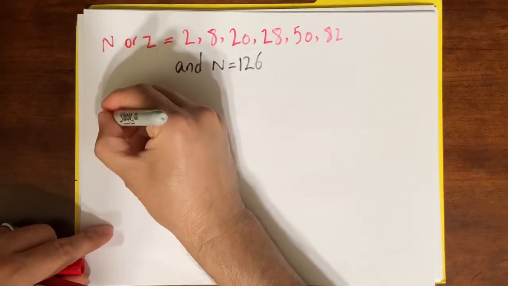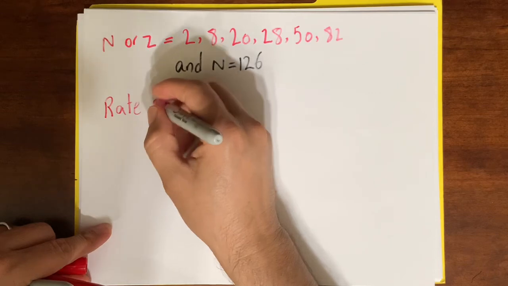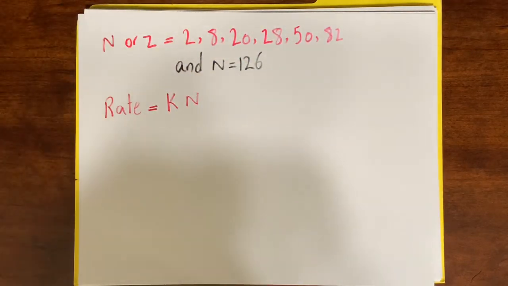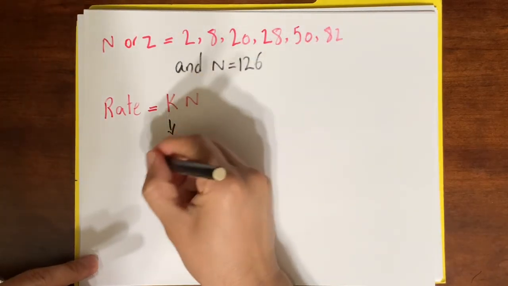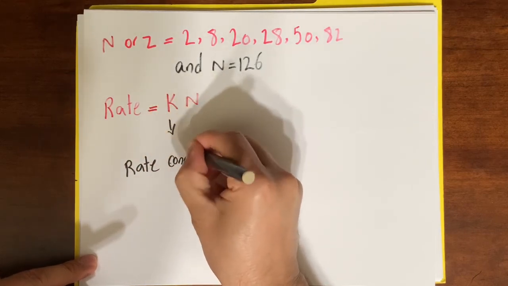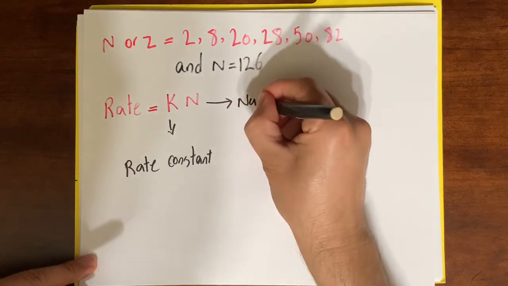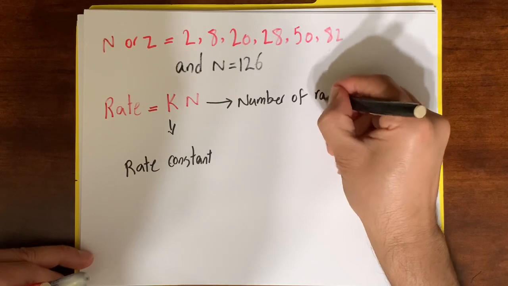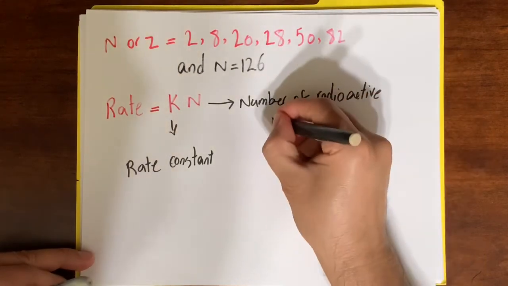And we said the rate of that reaction, we can calculate it through K multiply N, where K is the rate constant, and N is the number of radioactive nuclei.